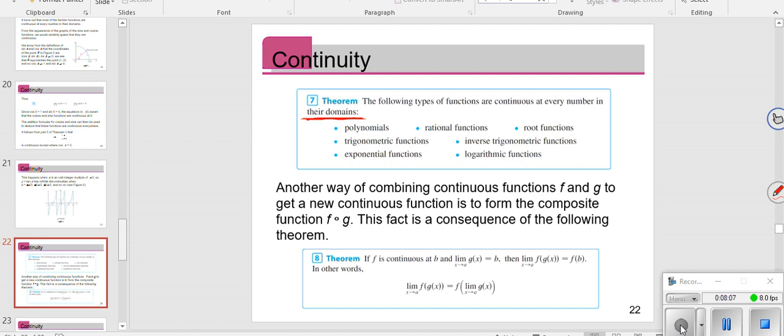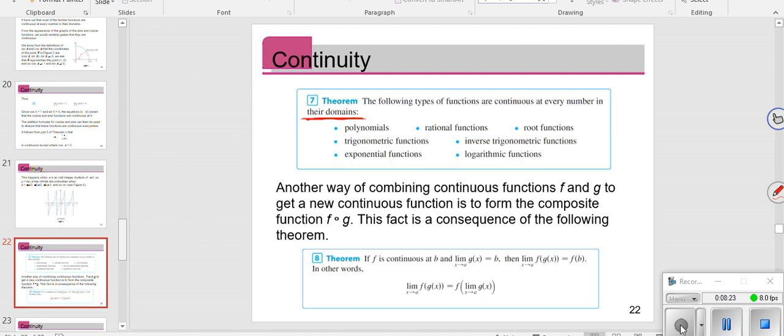Okay. And then theorem 8, another way of combining continuous functions f and g to get a new continuous function is to form the composite function f of g. This fact is a consequence of the following theorem.